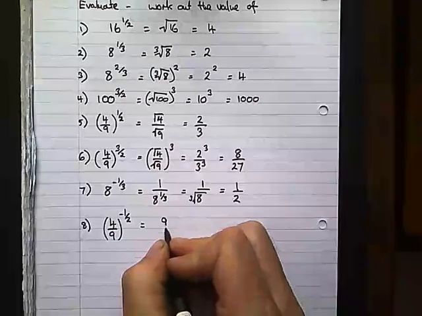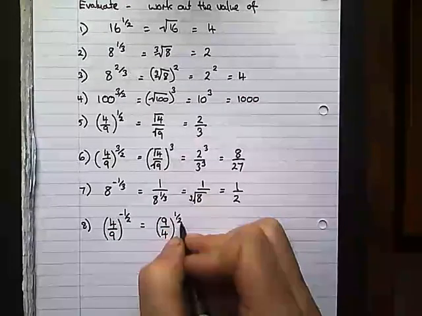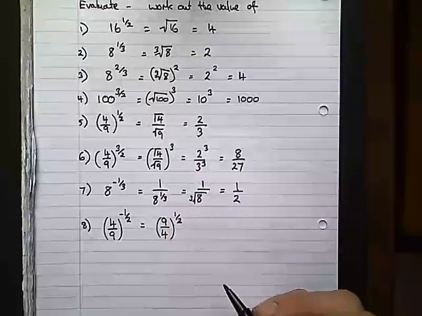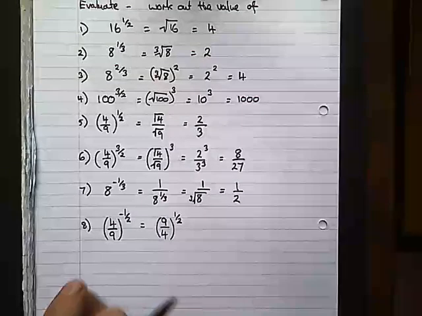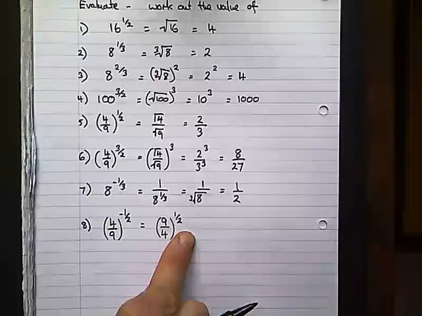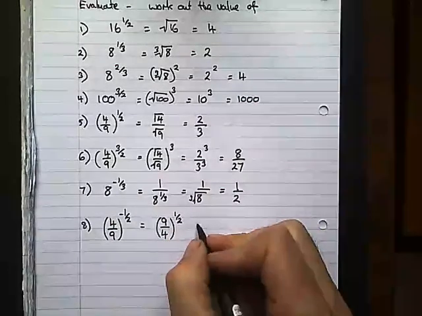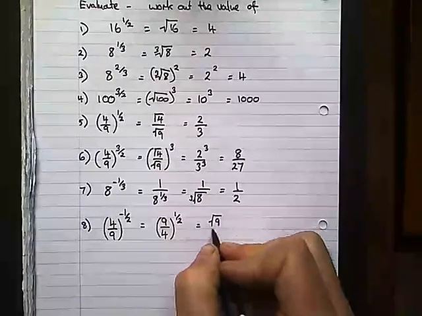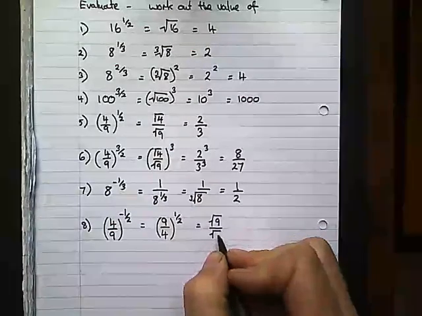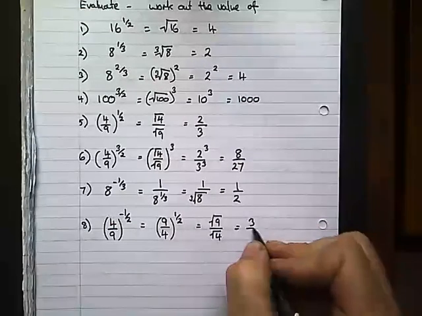So it's the same as 9 over 4 to the power of a half, and you drop the minus sign. So all you do is flip the fraction, drop the minus sign, and then you can work with everything else that you've got. The half represents the square root, so we're going to take the square root of 9 and divide it by the square root of 4. Square root of 9 is 3, square root of 4 is 2.